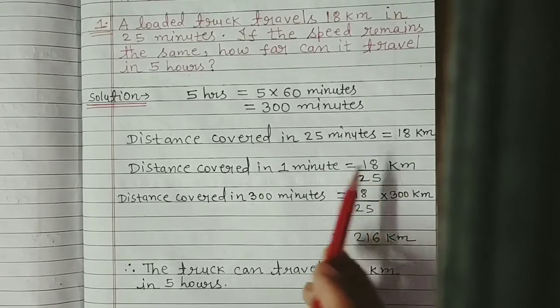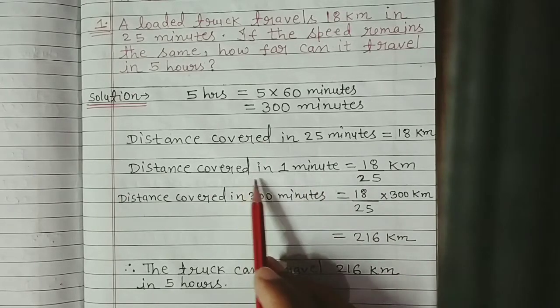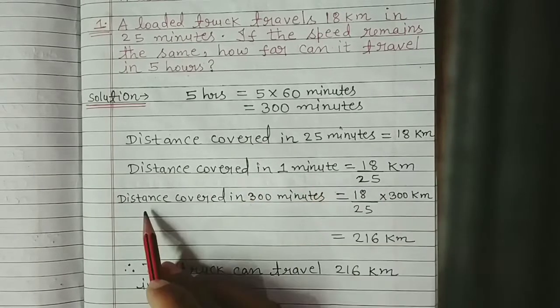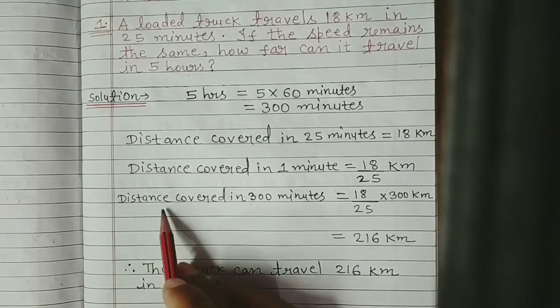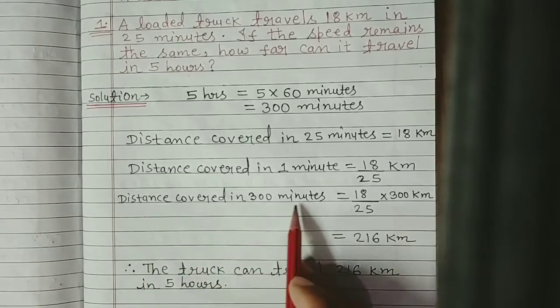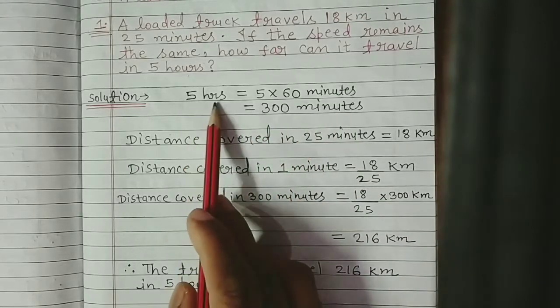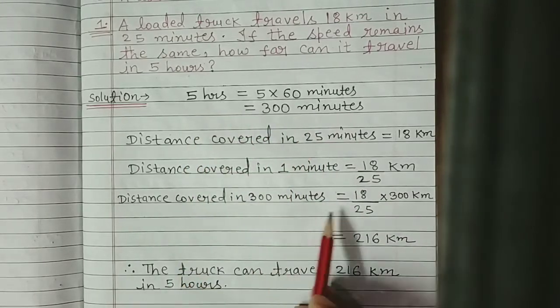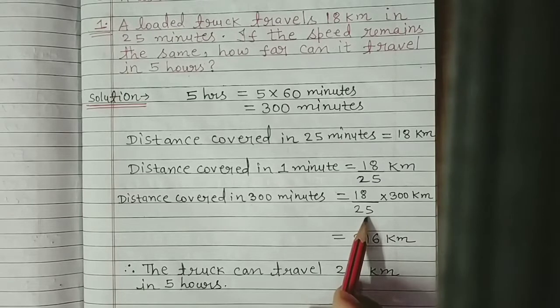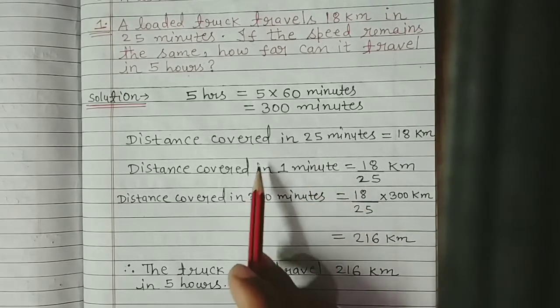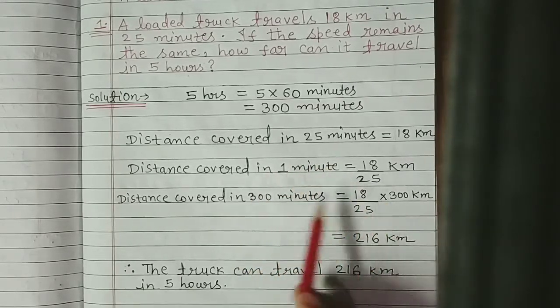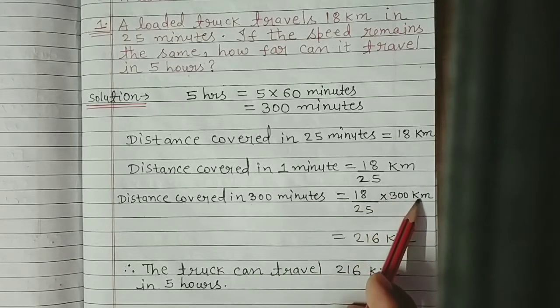We divide when we find the value of one quantity. Now I have written distance covered in 300 minutes, and this 300 minutes is actually 5 hours, equal to 18 by 25, the value of one quantity, into this 300 kilometer.